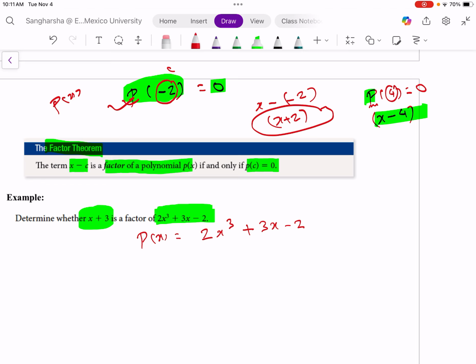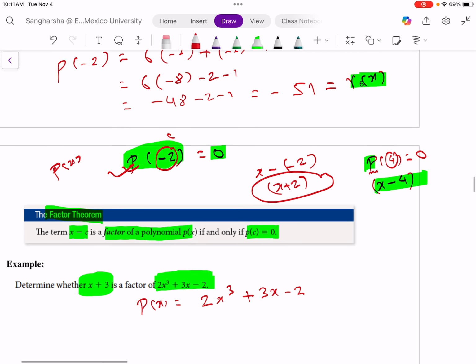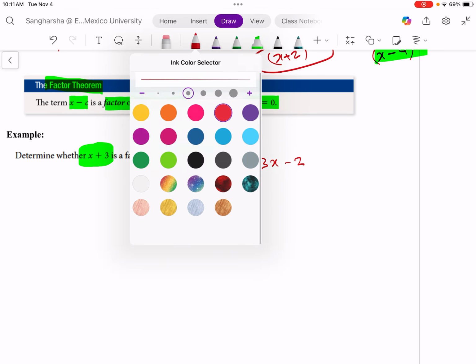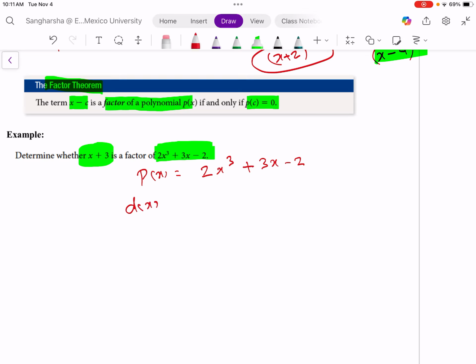You can use long division, synthetic division, or the remainder theorem. Our divisor d of x is x plus 3, and this is in x minus c form.